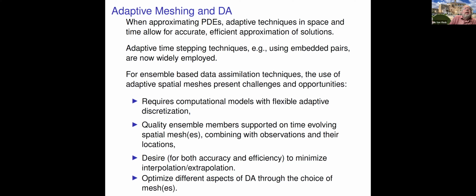And there's a desire for both accuracy and efficiency, to minimize interpolation and extrapolation. And moving forward, what we'd like to do is almost anticipate some behaviors by putting in meshes that will support things that may be happening, but that without a mesh out there we may not be able to resolve.